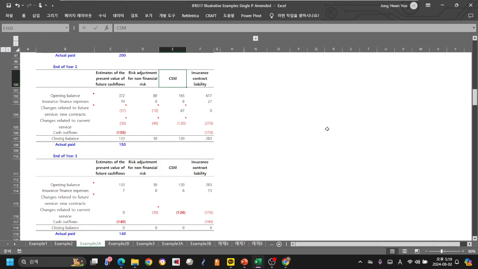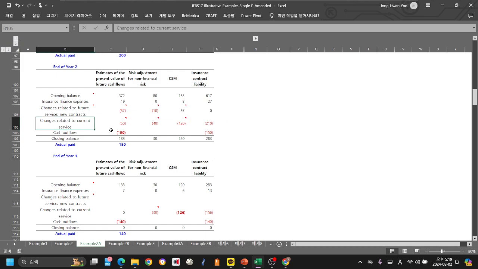If there is any changed value added on or subtracted from the existing CSM, you reflect that first and then recognize it as profit. So year end 2 is increased because we changed the assumption.